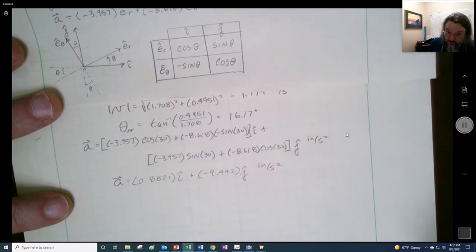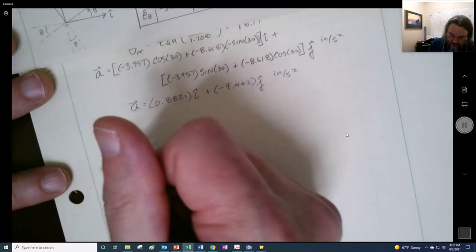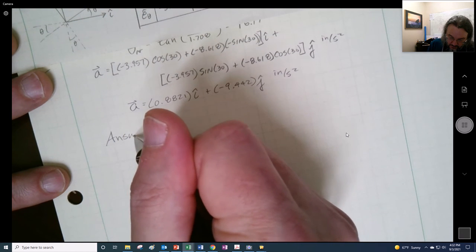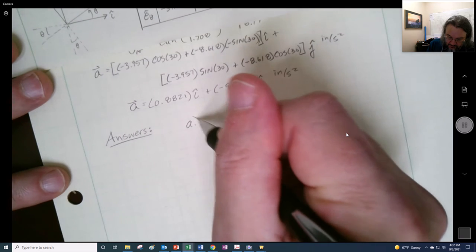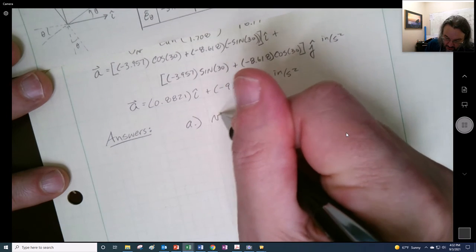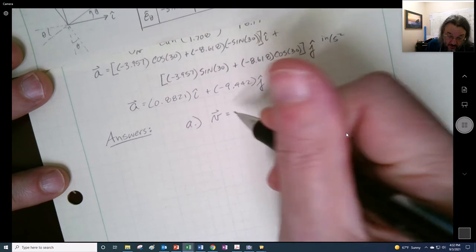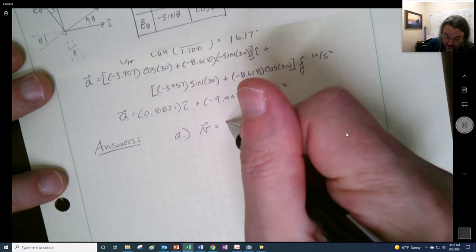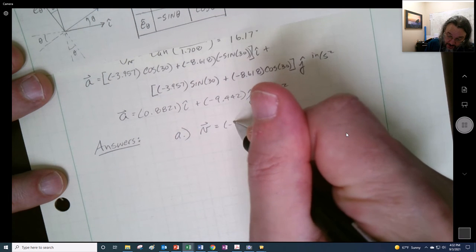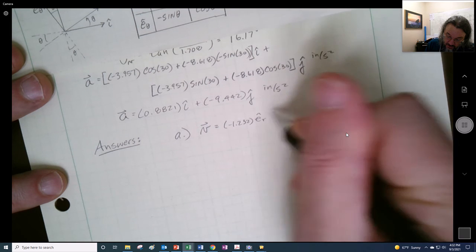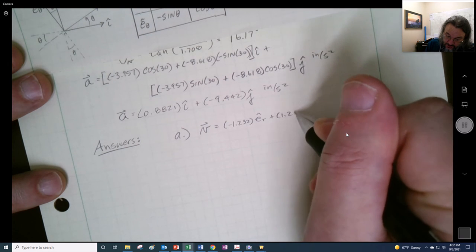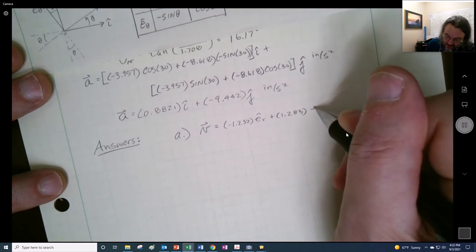Inches per second squared. And if I want to write out the answers, velocity in polar coordinates is negative 1.232 e_r plus 1.283 e_theta.